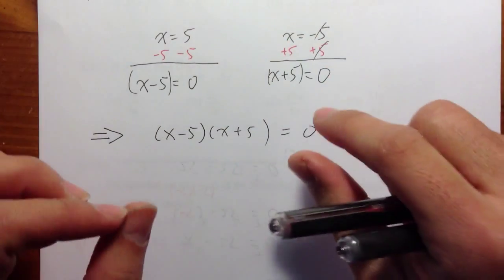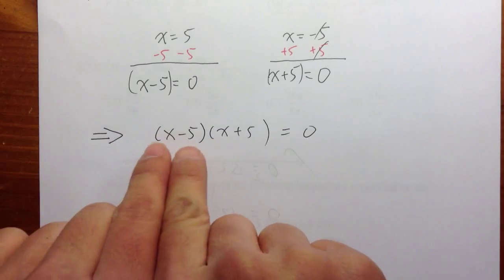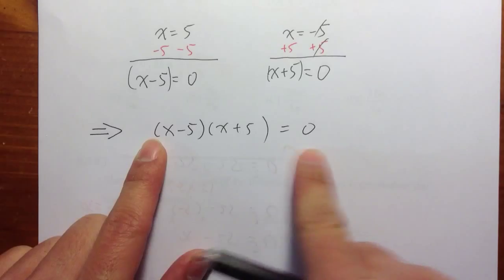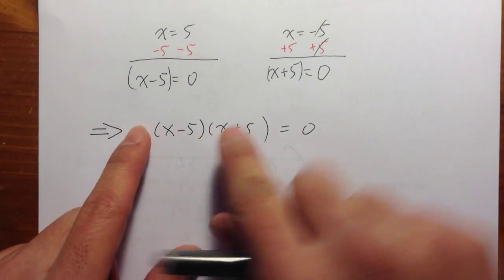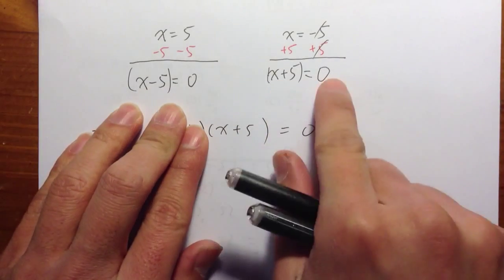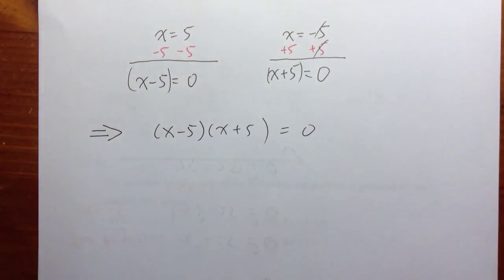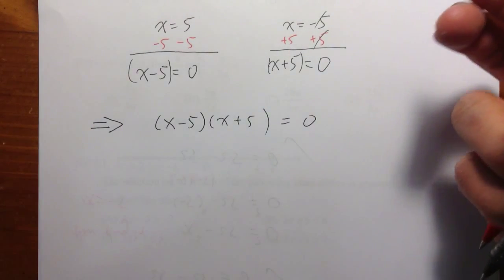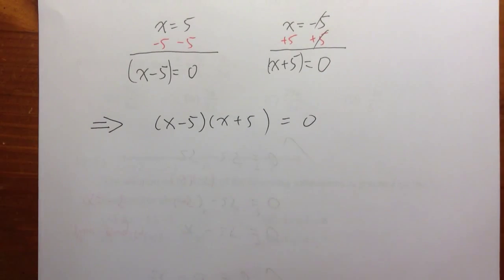If you have seen this before, then you will know that if this is the equation that you're working on and you want to solve it, you just need to set this equal to 0, and that equal to 0, and then you can go backward to solve it. But I want to construct an equation, so that's why I'm doing this.